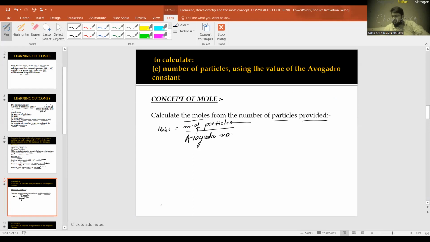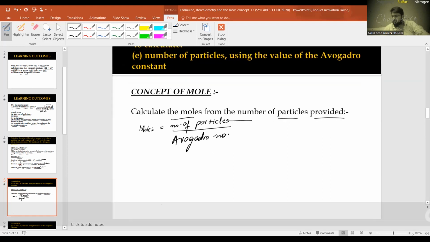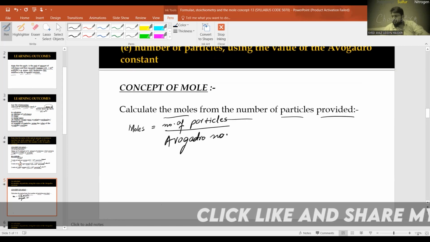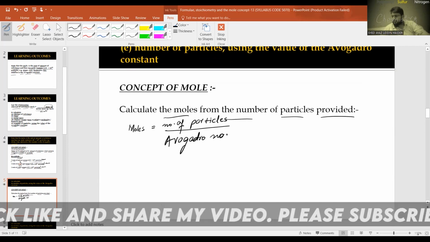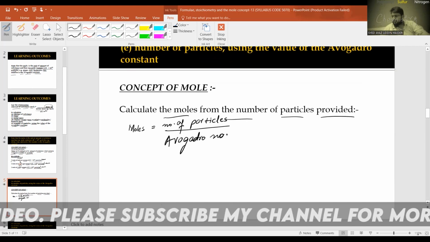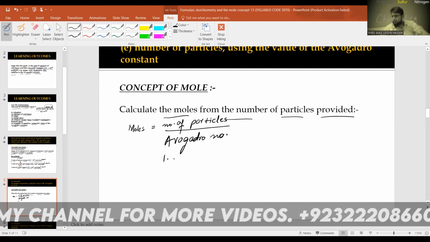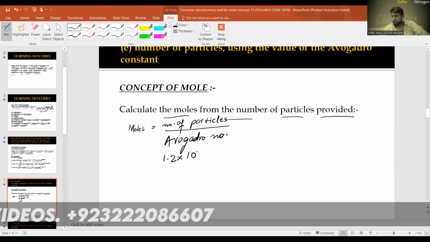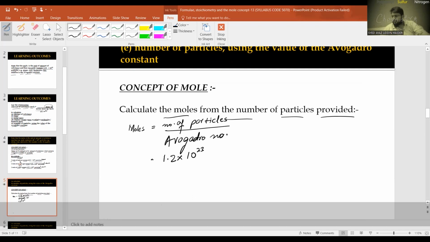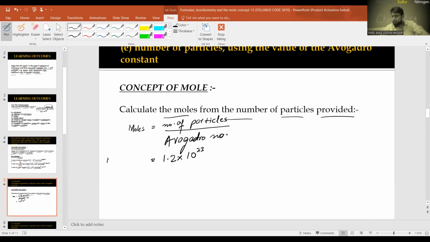For instance, I want to calculate the moles for sodium, and the number of particles provided is 1.2 × 10^23 sodium.